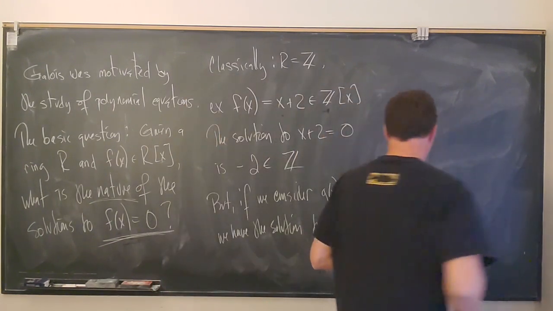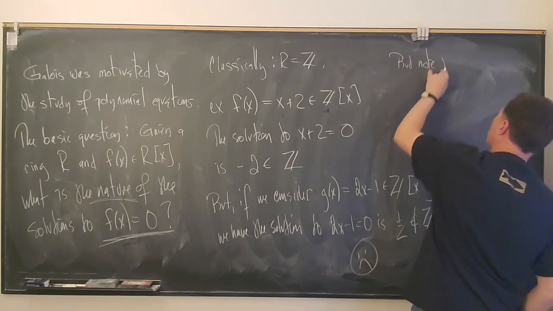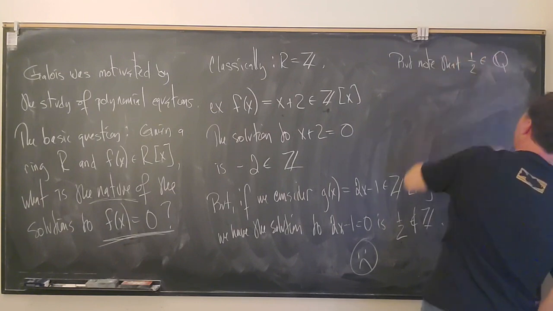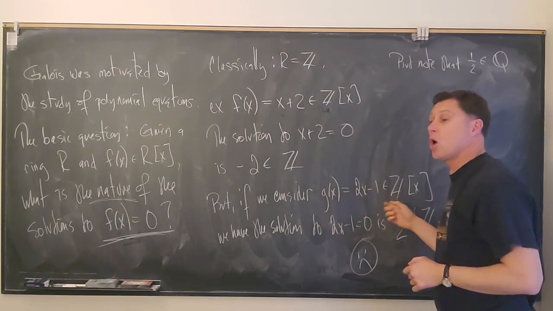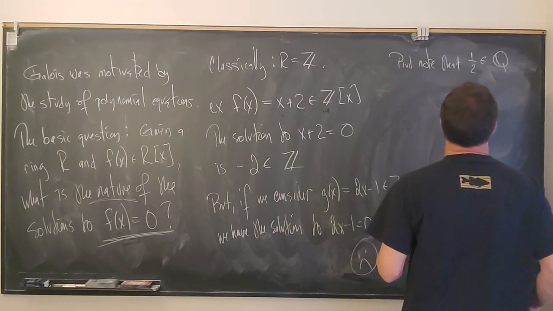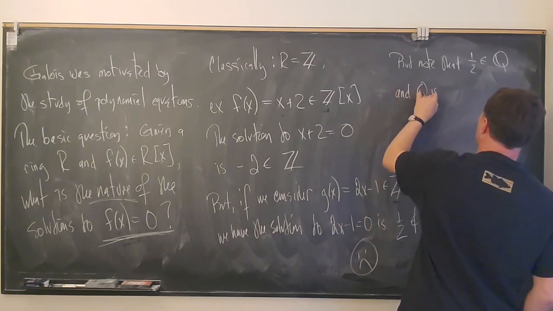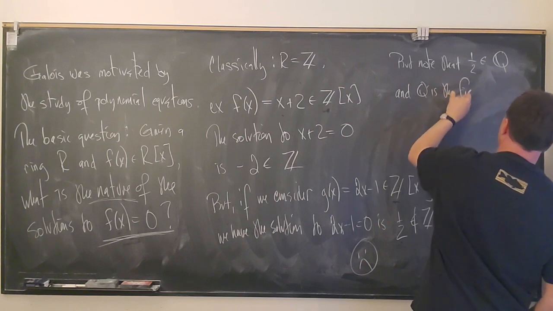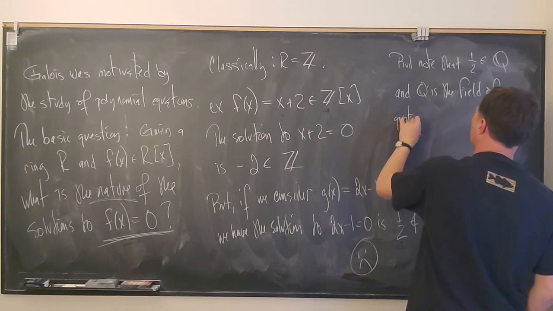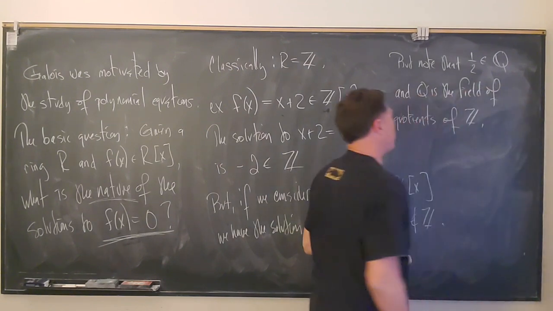So note that 1/2 lives in Q, and how does Q relate to Z? Well, Q is the field of quotients of Z.